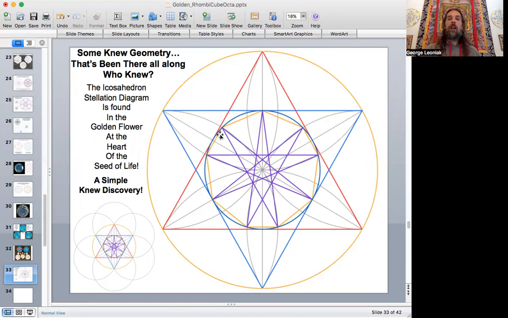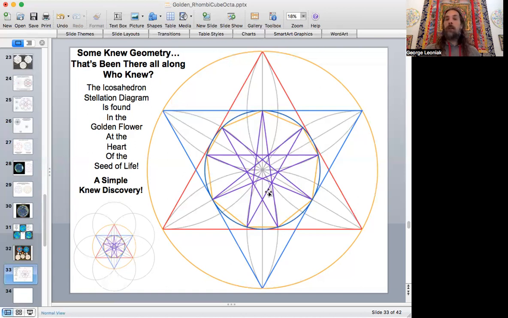It's going to give you that nonagon star, and both are in there, the 18 vertices of the form that I showed you all on that plane. And it's right within the drawing of the seed of life, which is just so amazing to me that that information has been carried along within this design until I believe now that I've brought that to light.